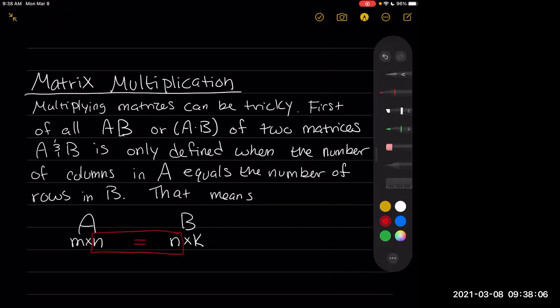So the inside bit of the dimension, those have to be the same.